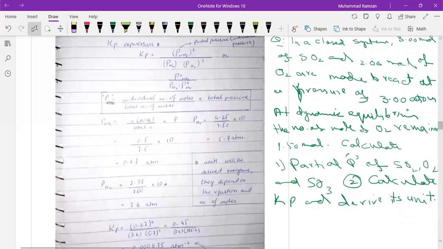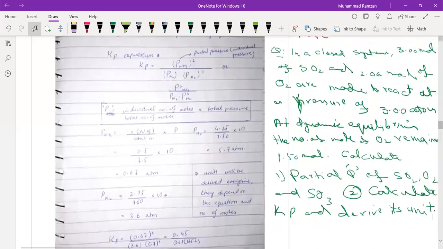As you write the values, SO2 are 3 moles, O2 are 2 moles, and total pressure is 3 atmosphere.